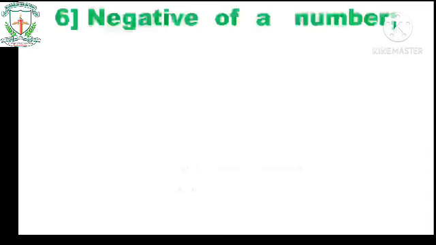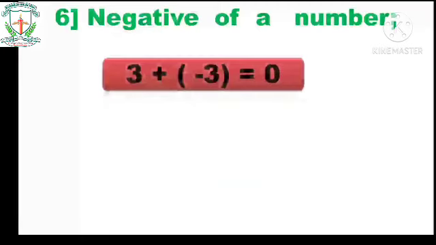Let me say once again, if you multiply any given number by minus 1, the result that you get is known as negative of a number. Let us consider 3. If you multiply 3 by minus 1, you will get minus 3. So minus 3 is the negative of the number 3.